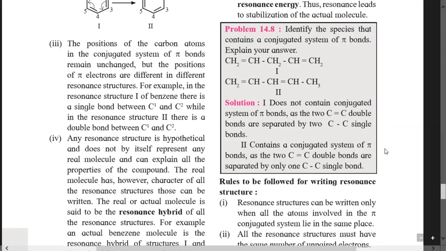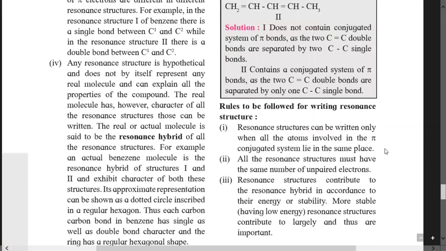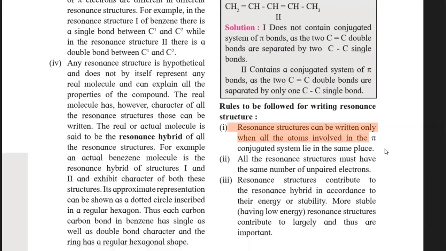Now we will study how to draw resonance structures. There are some rules given to draw the resonance structures. The first rule is that a resonance structure can be written only when all atoms involved in the pi conjugated system are present in the same plane.